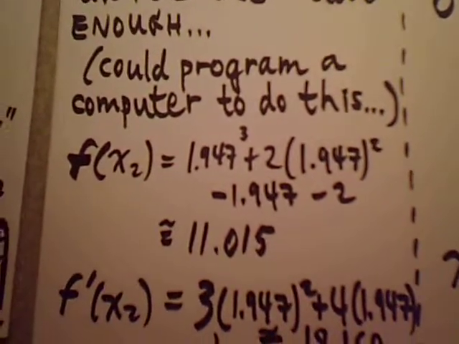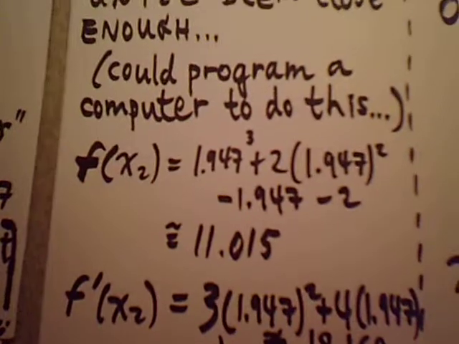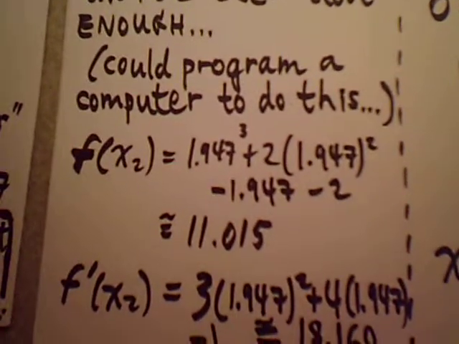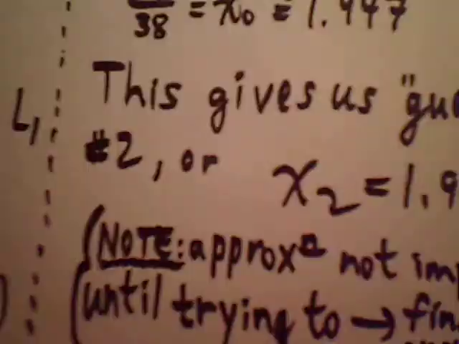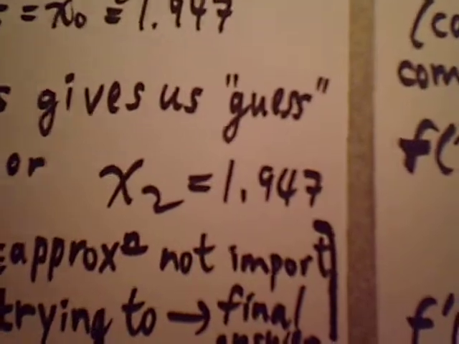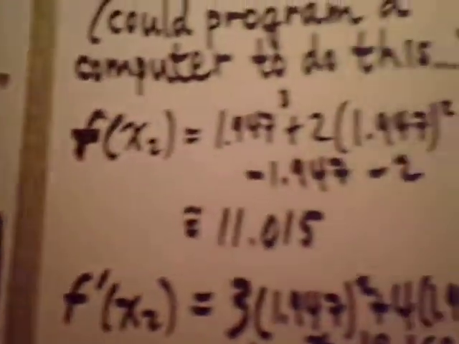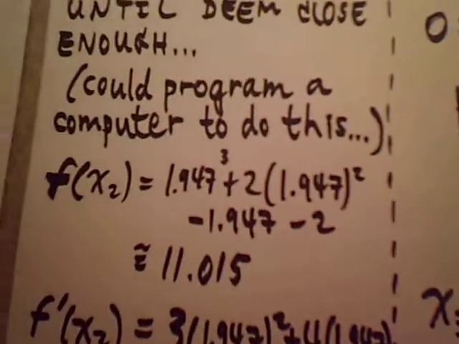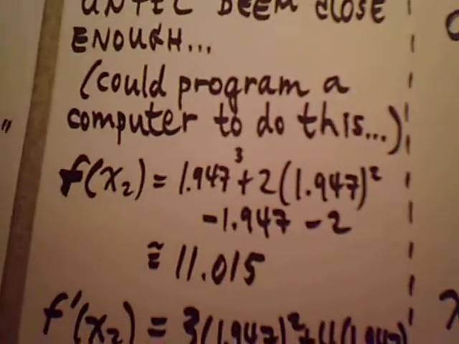Alright, so f of x2 is our x number 2 iterated value that we got from the x-intercept that we were just talking about, calculated here, that 1.947 value. So we put it in, and we're back to the function.